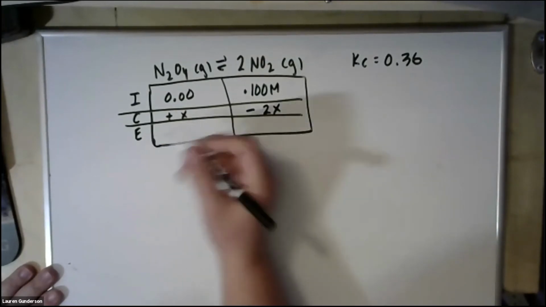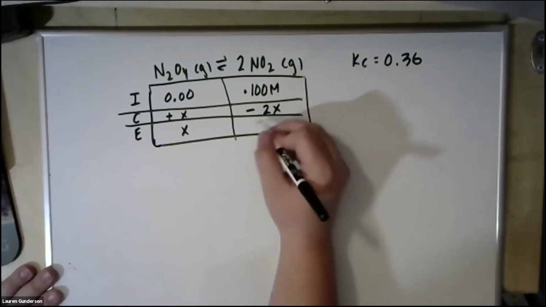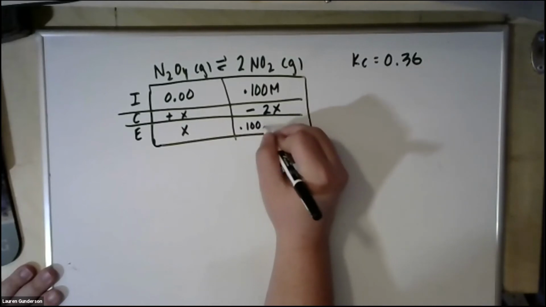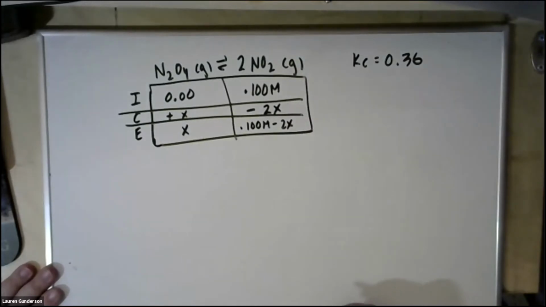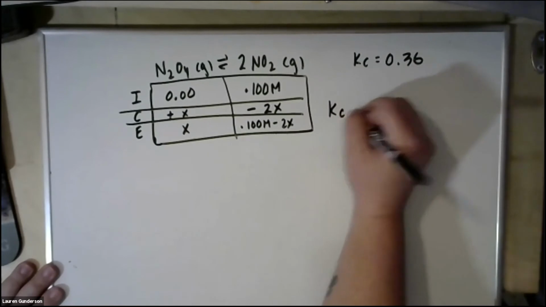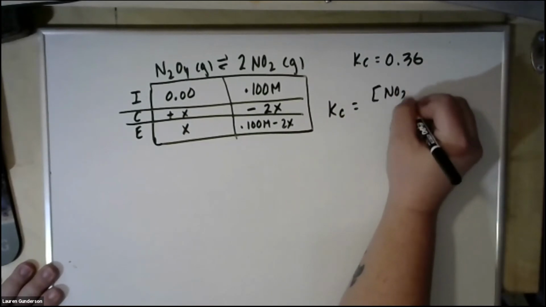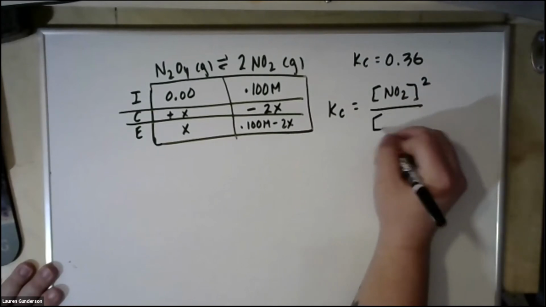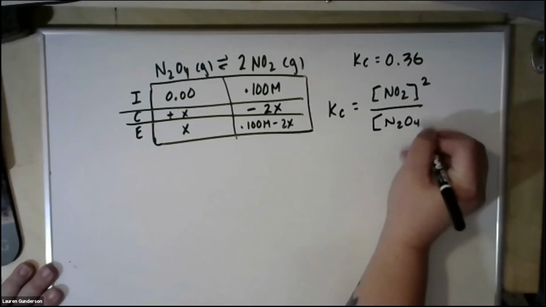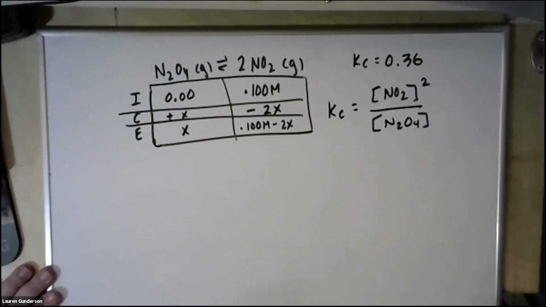So our equilibrium row for N2O4 will be x, and for NO2 is going to be 0.100 minus 2x. Okay. So when we write our Kc expression, just so we have it written down here for reference, it's going to be NO2 squared divided by N2O4. Okay, so that's what we're going to be working with.